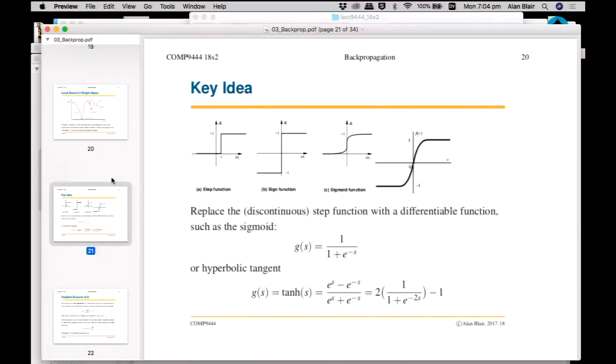One of the motivations for this weight decay was that if the weights get very large, then you tend to end up in this part of the activation function where it's very, very flat.